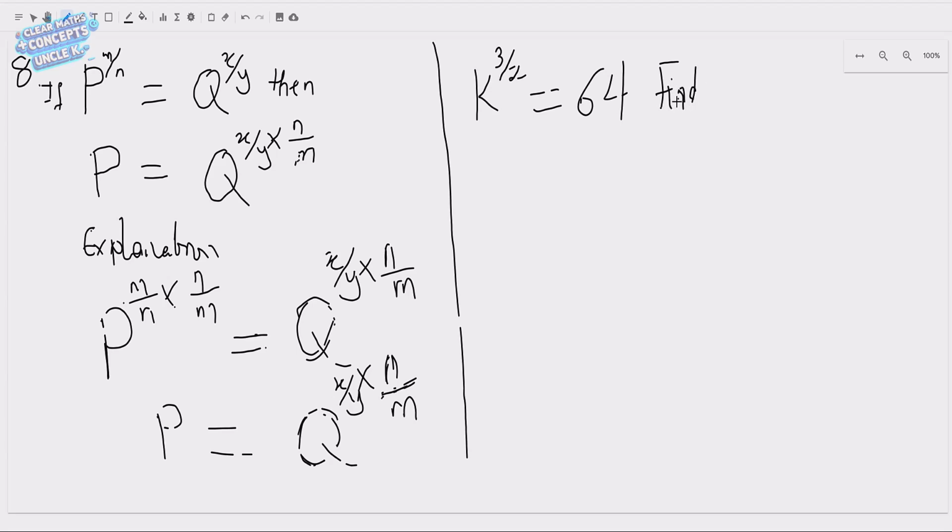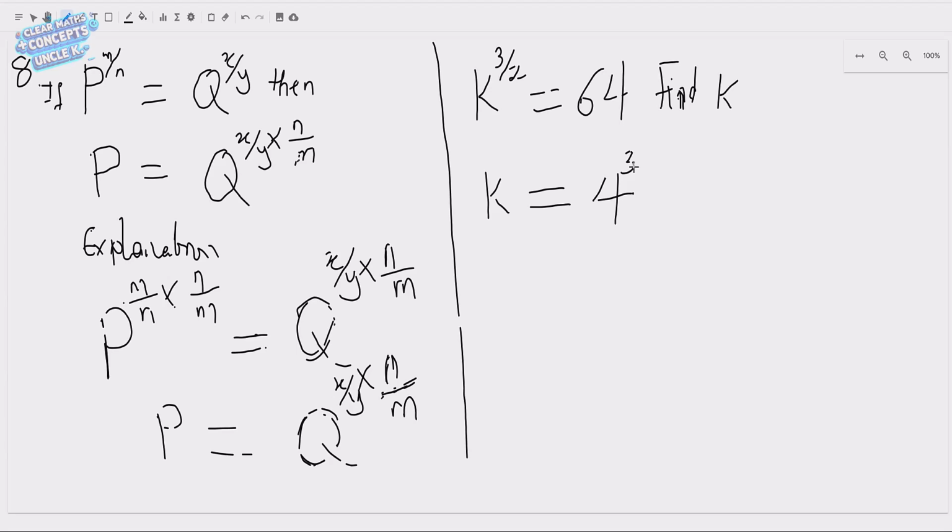We are looking for k, so we want k to have a power of 1. 64 in index form is 4 raised to the power 3.